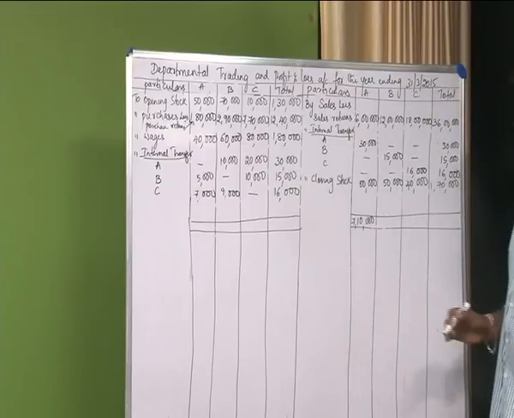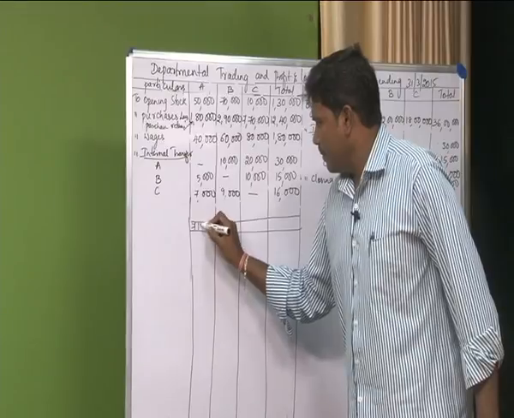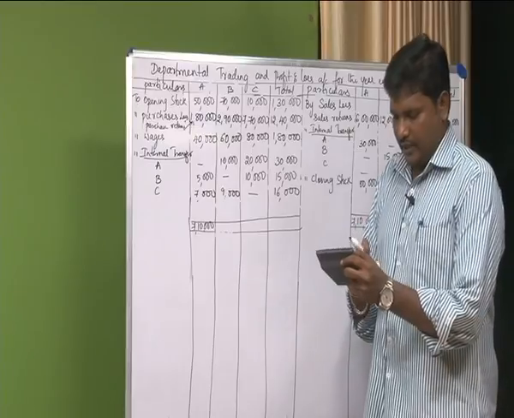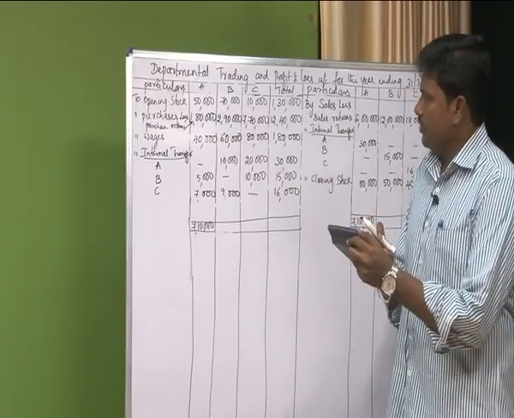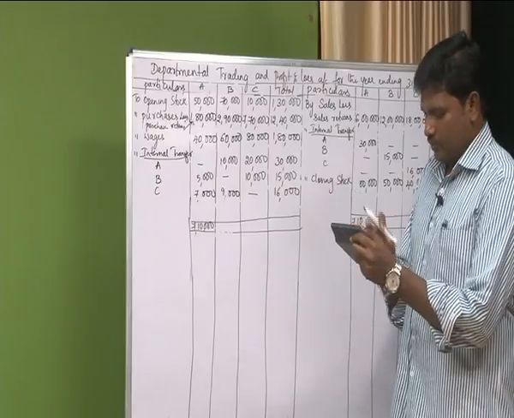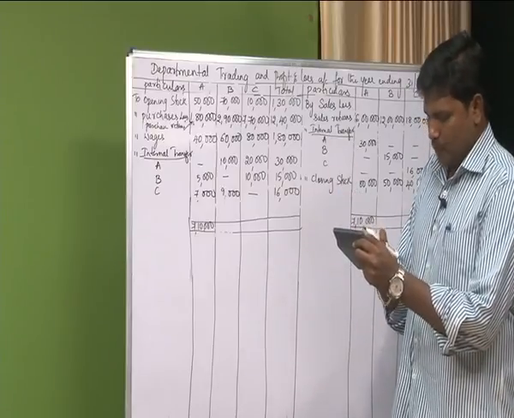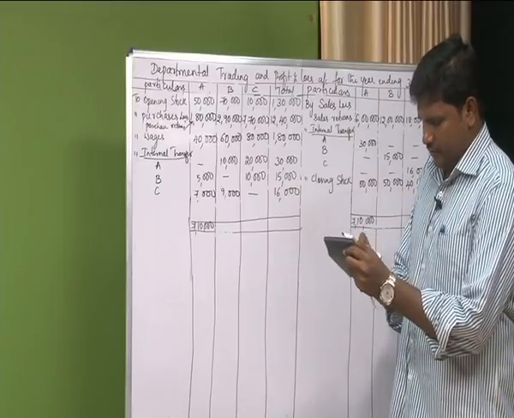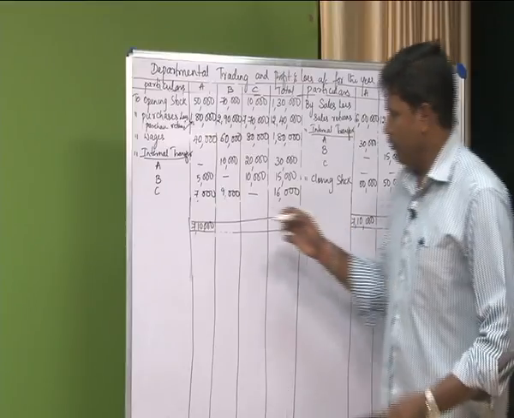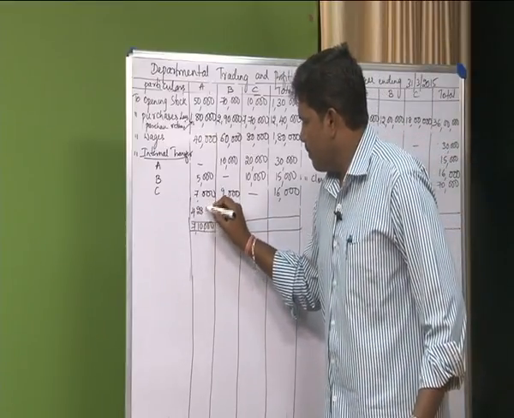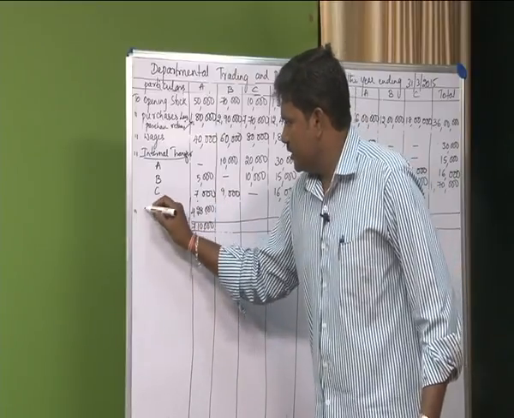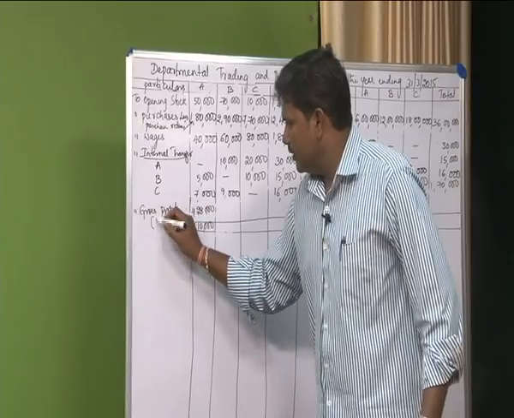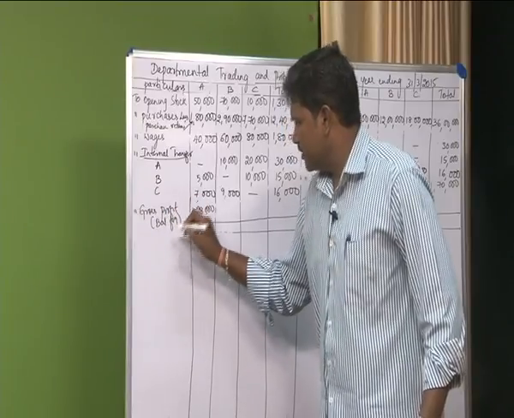I will write 7 lakh 10,000 here, minus all these expenses. 7 lakh 10,000 minus 50,000, 1 lakh 80,000, 40,000, and 5,000 and 7,000. 4 lakh 28,000. So 4 lakh 28,000 is the gross profit carried down. I will treat it as balancing figure.